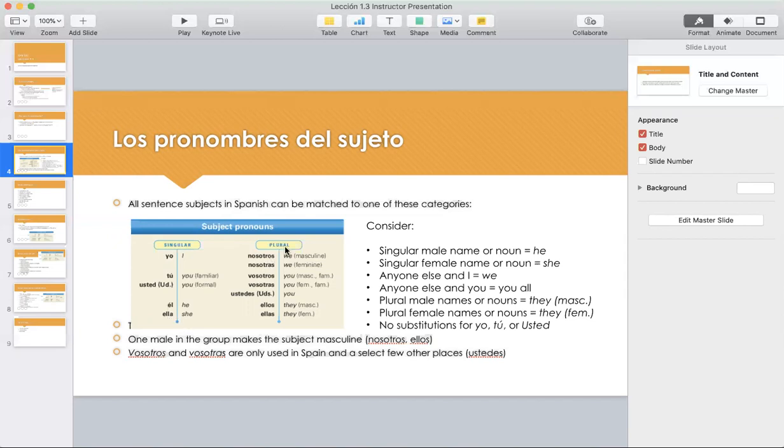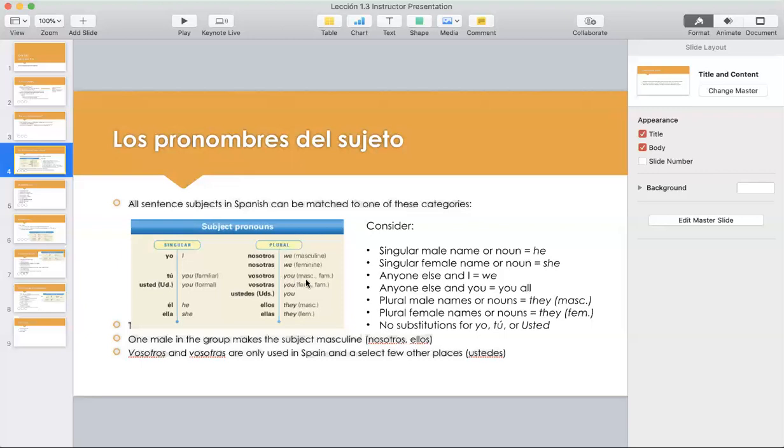Then let's go to the plural. We have nosotros y nosotras, we, masculine, or we, feminine. Then we have vosotros y vosotras, which is used to address two or more people. So you're talking to them, you're not including yourself.